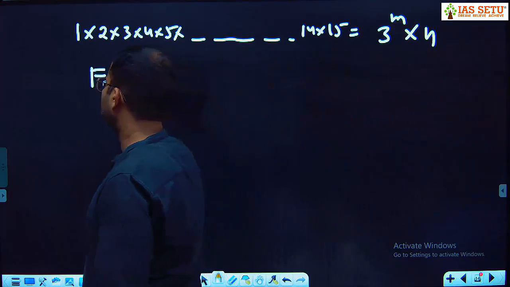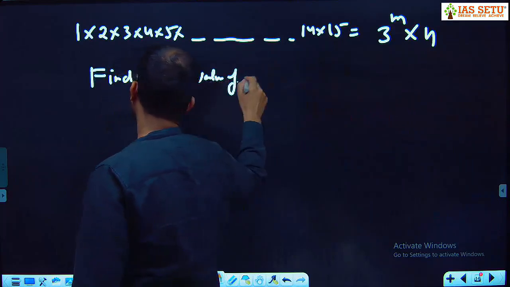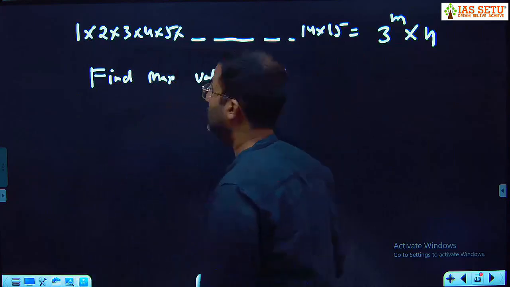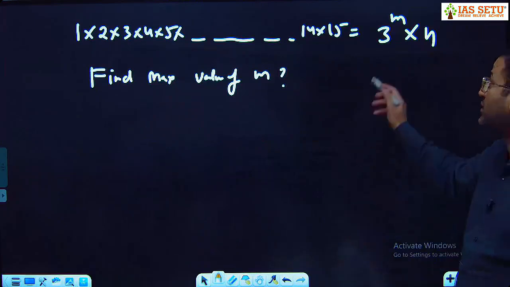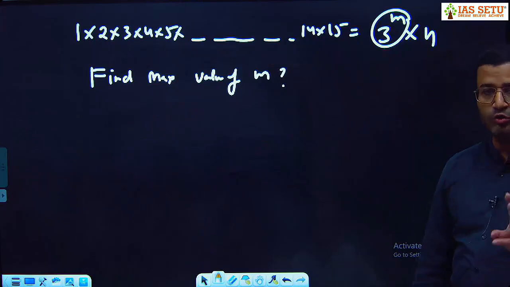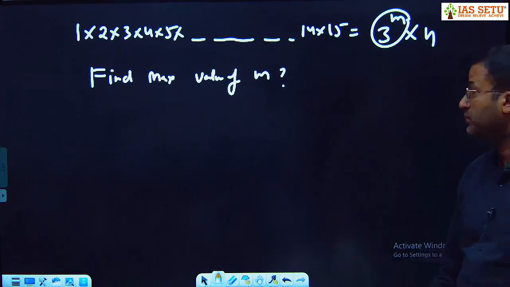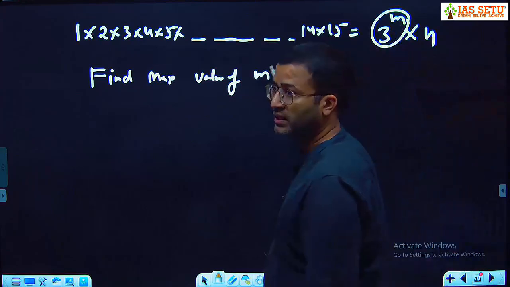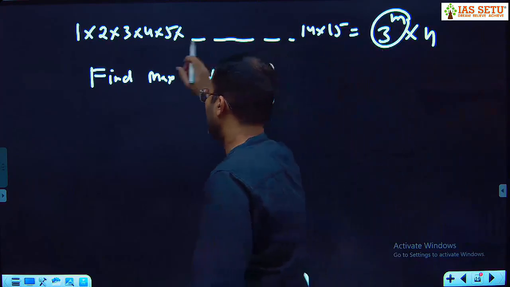Find the maximum value of m. It means they are asking how many 3s are there. There are two methods: manually, because it is a small calculation, and our shortcut. I will tell you how many m's there are. The maximum value of m means how many 3s are there.